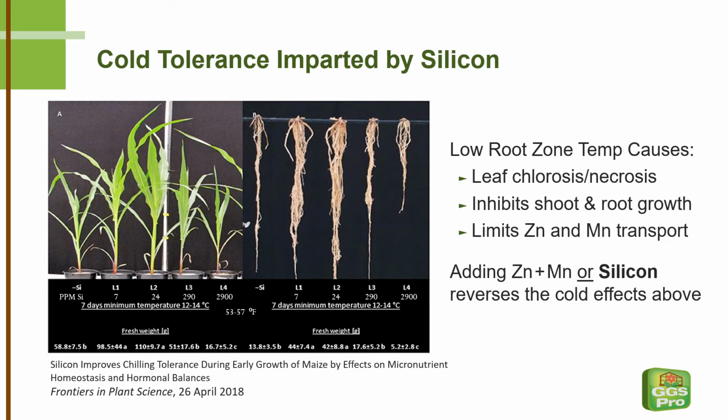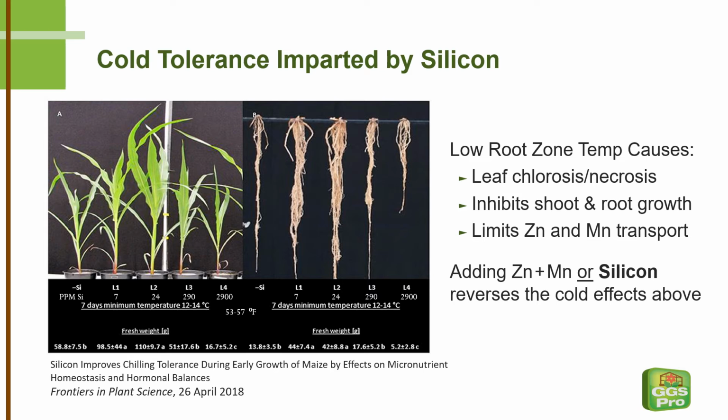It was known for quite some time that you could add zinc and manganese to mitigate the effects of cold stunting in corn and other crops. But these researchers showed that silicon can also mitigate those effects, and we'll see why.